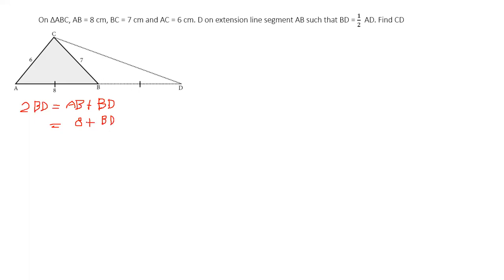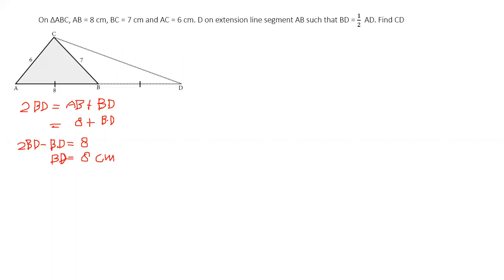Because we have no information about BD, if this BD moves to the left side, it becomes 2BD minus BD equals 8 centimeters. So BD equals 8 centimeters.